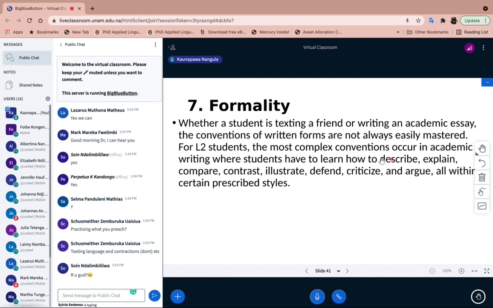And you can teach them how to describe something. For example, if you Google how to describe something, they will give you options for how to describe whatever object or situation you want to describe. Information is on the internet.